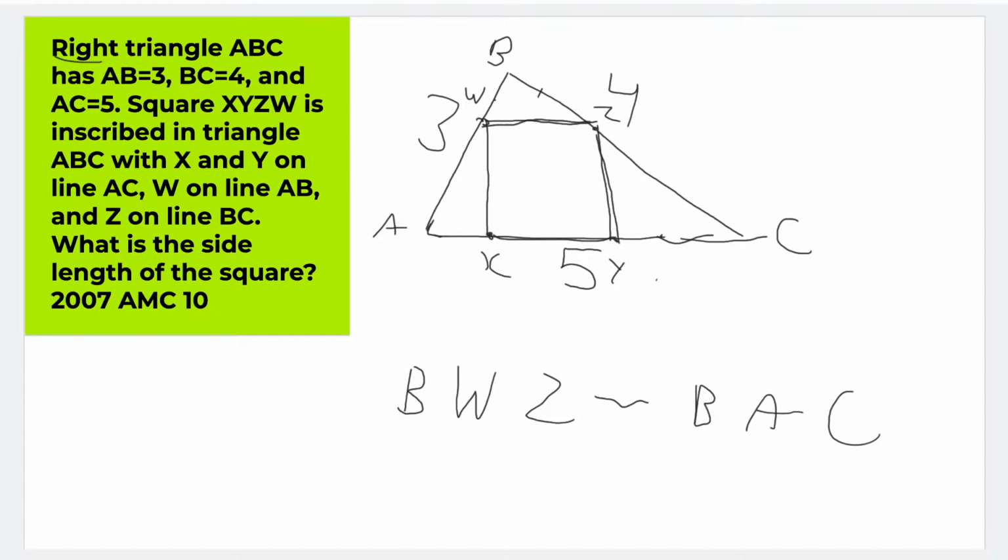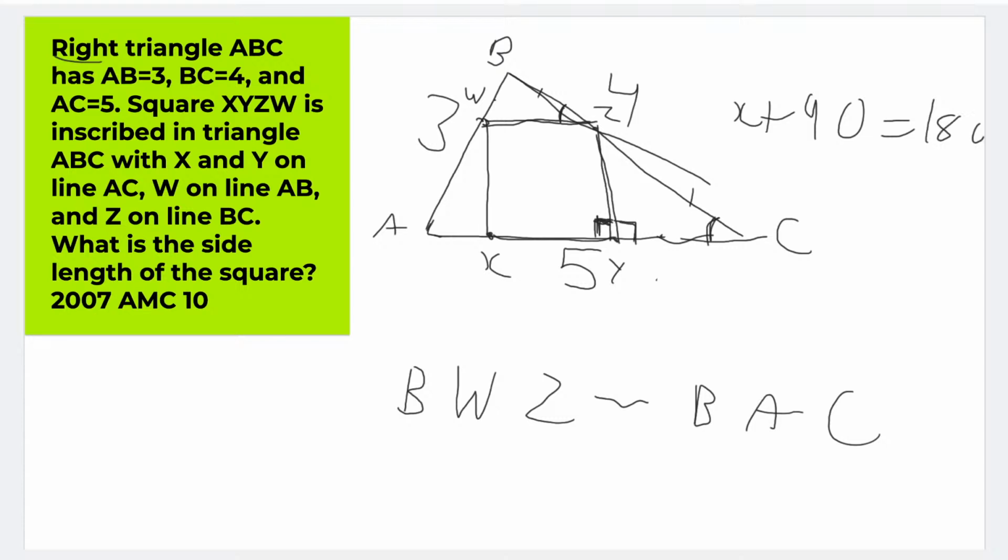Opposite sides of a square are parallel, and BC is the transversal, which makes the corresponding angles congruent. We already know this angle is a right angle because the square is inscribed inside, and these are supplementary, so x plus 90 equals 180, and the angle measures 90.